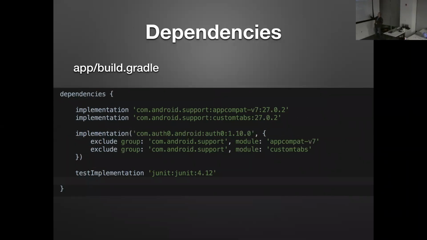The other thing I did is added the Auth0 authentication library, and it threw some warnings because the custom tabs and app compat that are inside of here, some dependencies were older than my app was running. So I said, I want the newest ones, ignore the ones that are inside that library, and they always throw in JUnit.